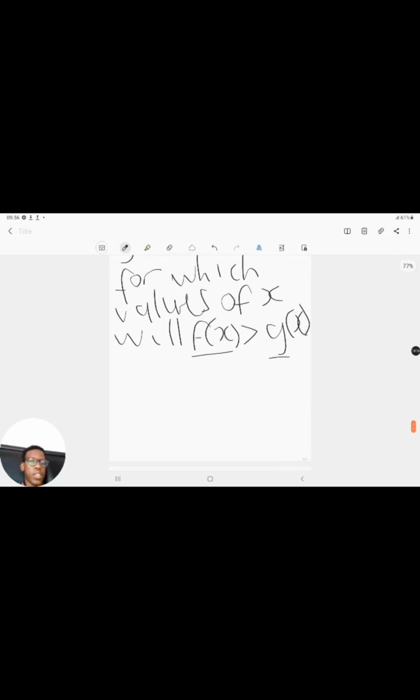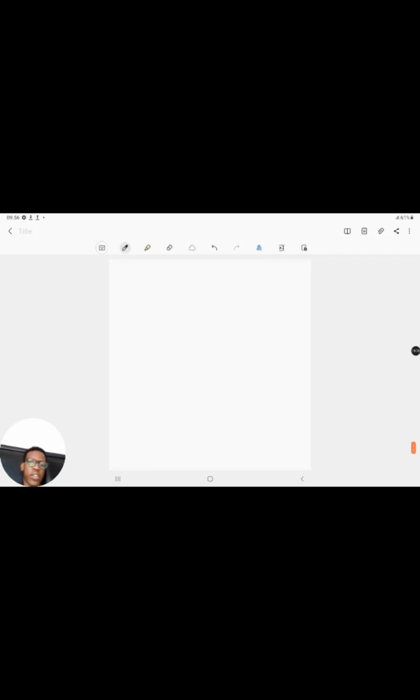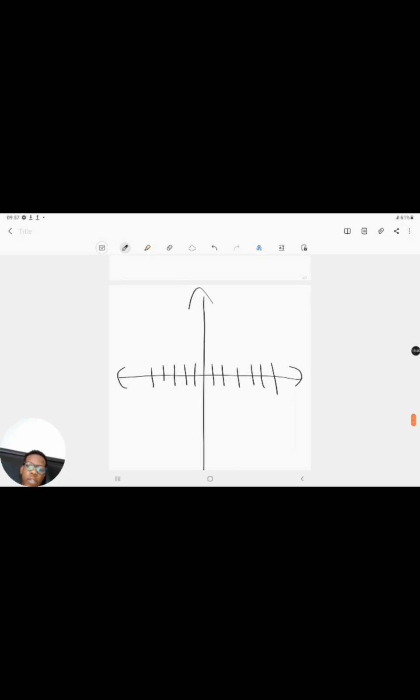All that this means is, if you were to sketch these graphs out, I'm going to sketch these graphs out very quickly and very roughly.